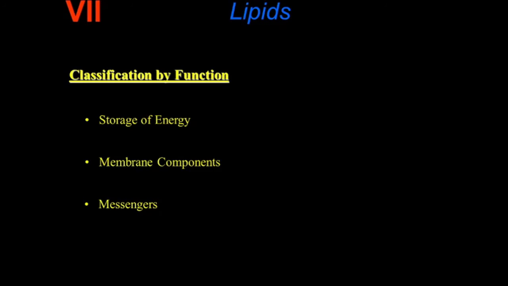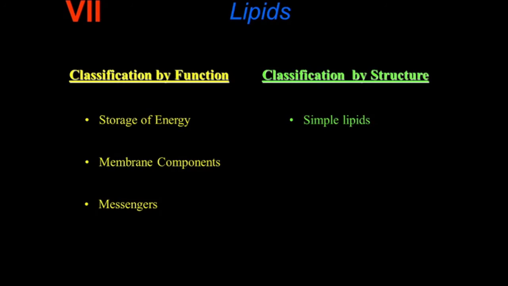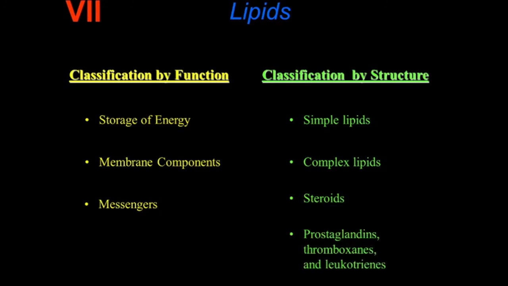Another classification is classification by structure. We can classify lipids into four groups. First, simple lipids such as fats and waxes, complex lipids, steroids, and groups of several lipids like prostaglandins, thromboxanes, and leukotrienes.